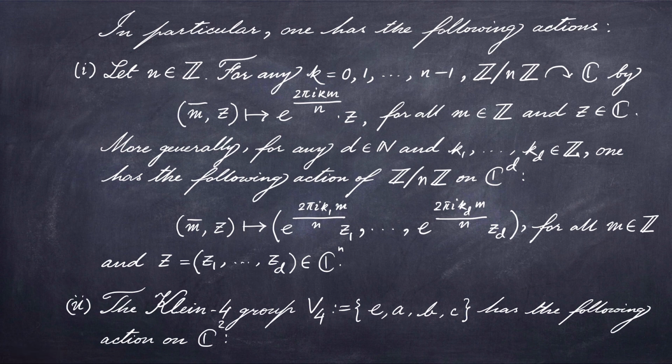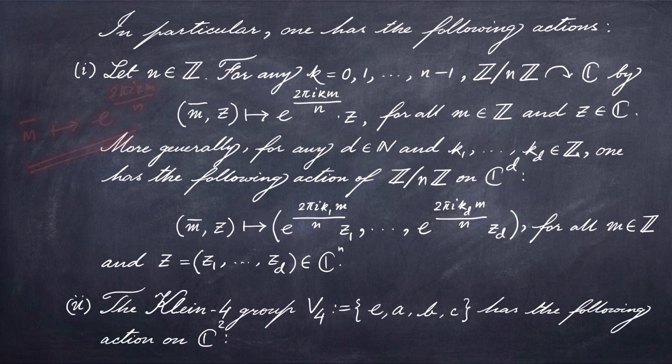The first one is, for any n, we obtain the action of Z modulo nZ on the complex plane, because from Z modulo nZ to C star we have this very natural mapping. So for any k, we send the group element to this complex number.